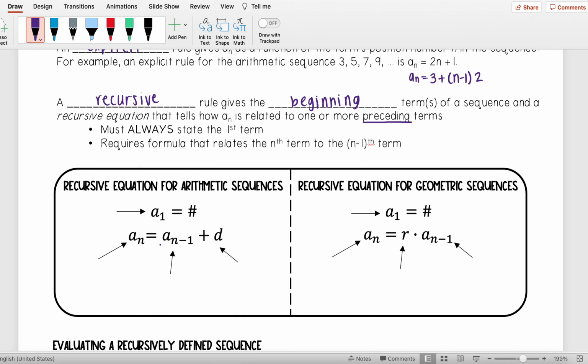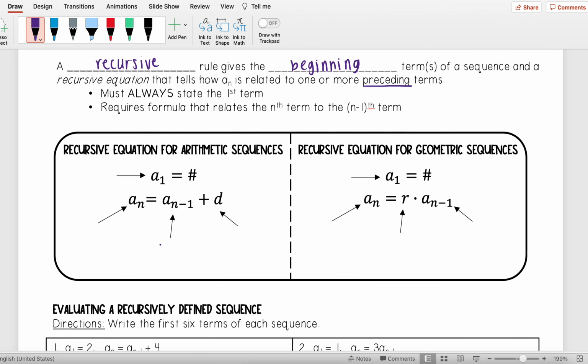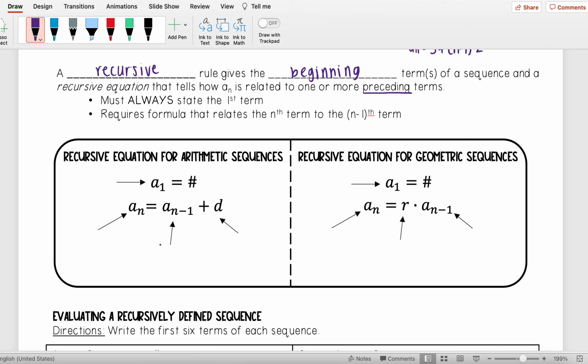So let's look at our recursive equation for arithmetic and for geometric sequences. For both of these, a1 is just going to be the first term. An is going to be the nth term. So if I were wanting to know the 15th term, n would be 15.